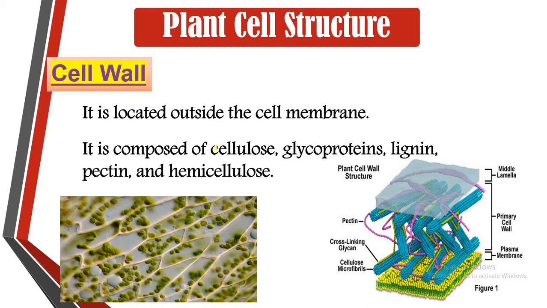It is composed of cellulose, a sugar, glycoproteins, lignin, pectin, and hemicellulose. You can see these parts here in this diagram of the cell wall.